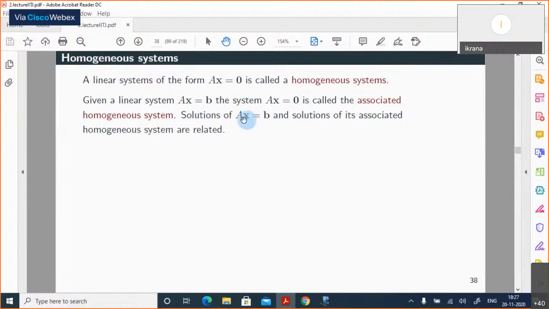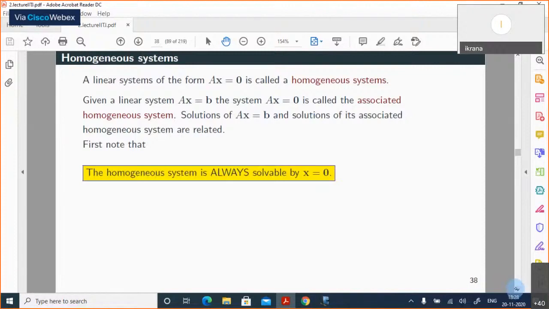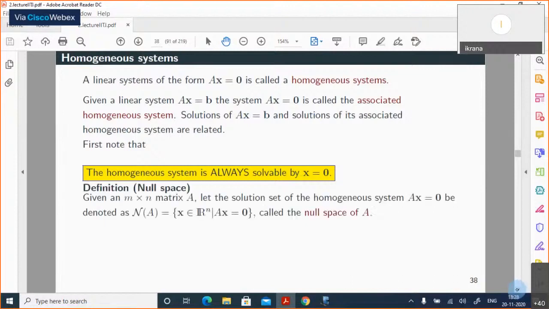Solutions of the general equation Ax equal to b and solutions of the homogeneous system are related with each other in an obvious way. A homogeneous system is always solvable because x equal to 0 is a possible solution. But I wanted to say that for a general system.